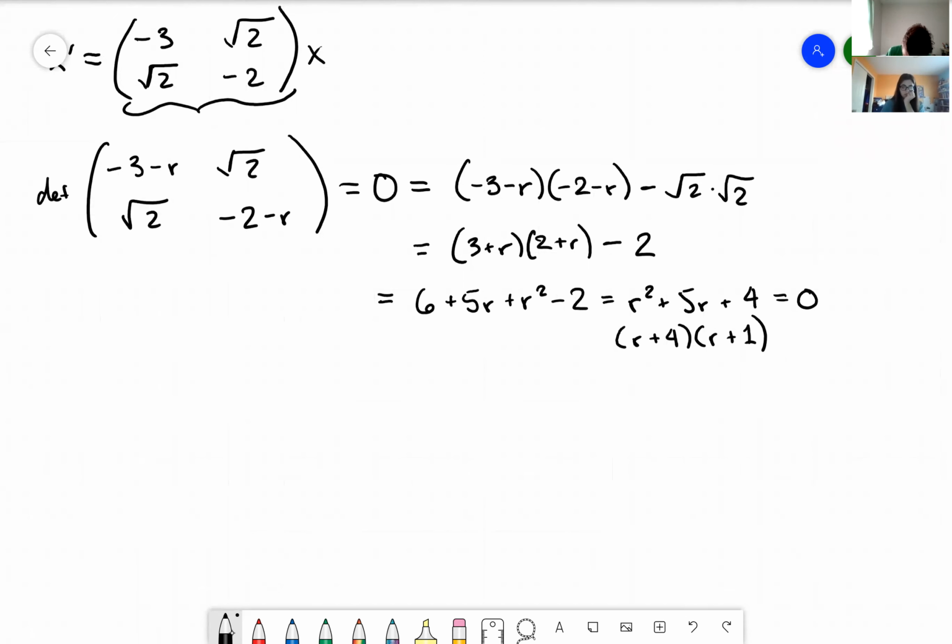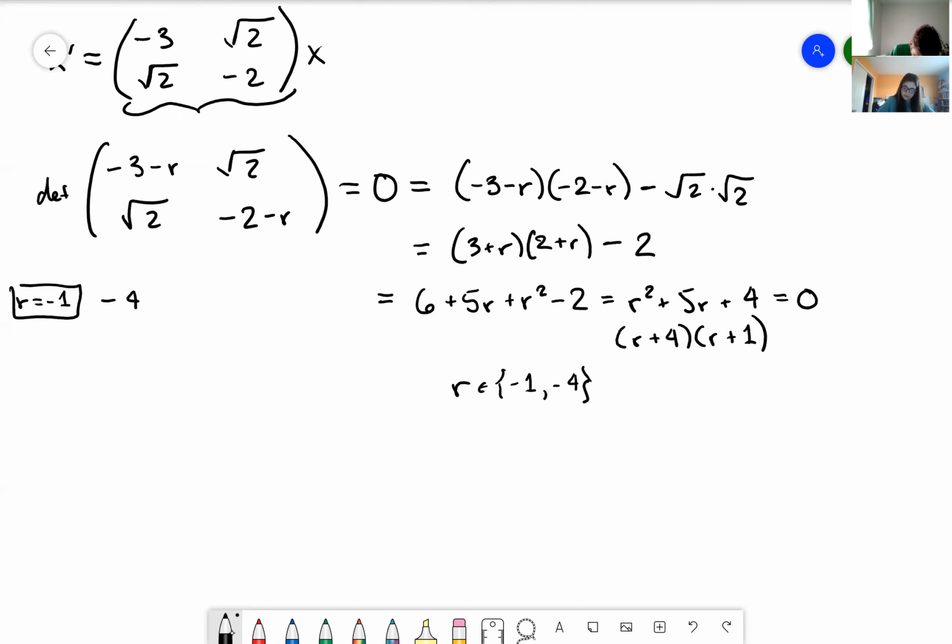And so we get as r negative 1, negative 4. And if we plug these back into our A minus rI matrix, we get for negative 1, so that's the first case.